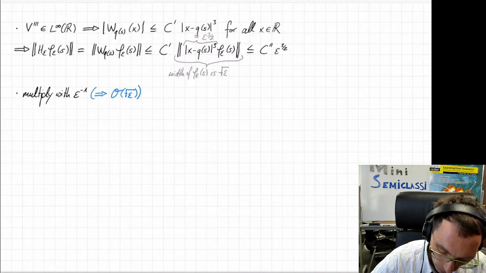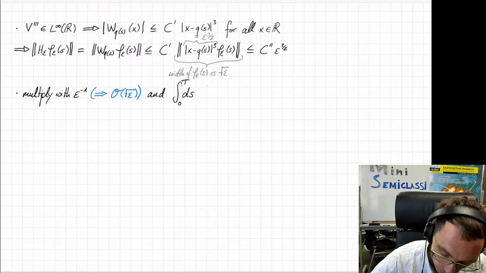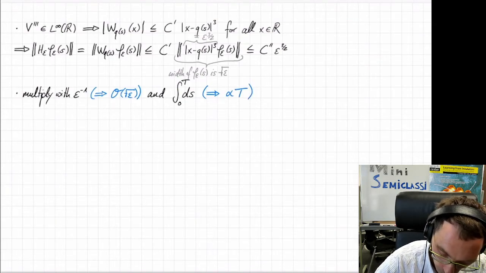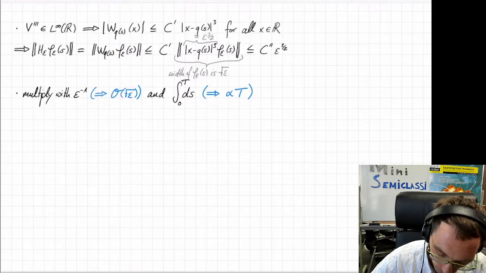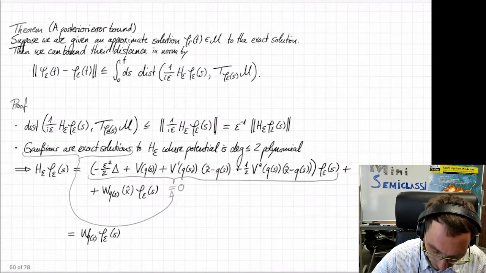And then we need to integrate this up from 0 to capital T. And this gives the proportionality, that the error is proportional to T. And this finishes the proof.